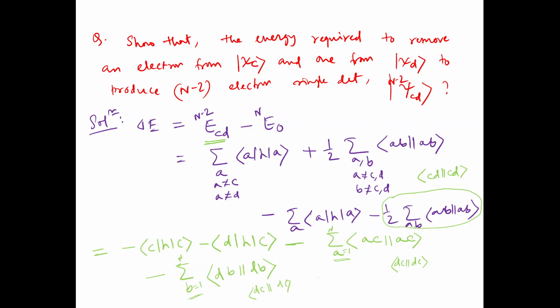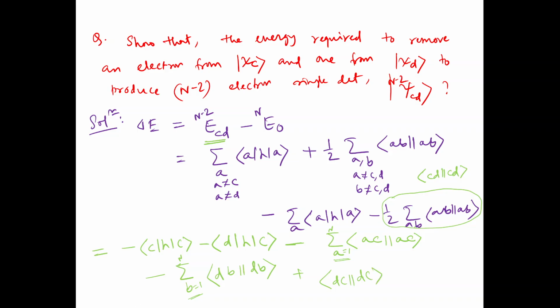But in my Hartree-Fock it was only once. So here I am counting the term twice. There was only one negative term there, but I have written it twice. So to make up for this, I should add the term DC minus DC.